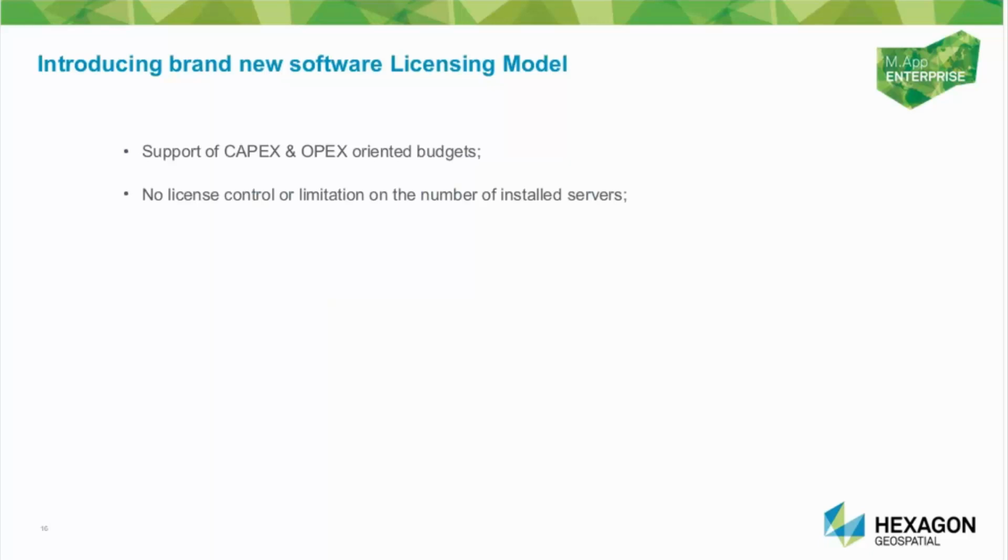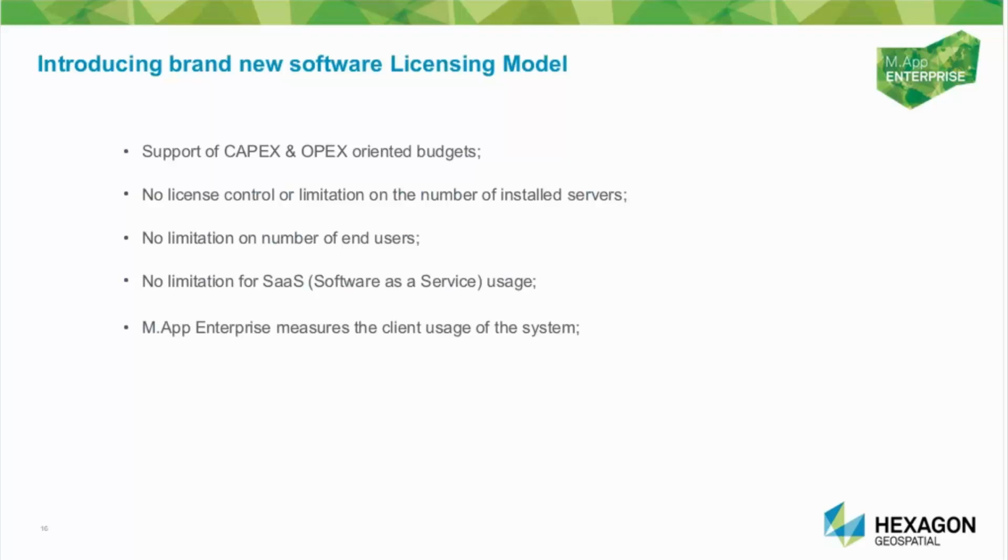There's no license control or limitations on the number of installed servers. So you can have 10 servers running Mapp Enterprise. We don't care. There's no limitation on the number of end users, and there's no limitation either for SaaS, or software as a service, usage.